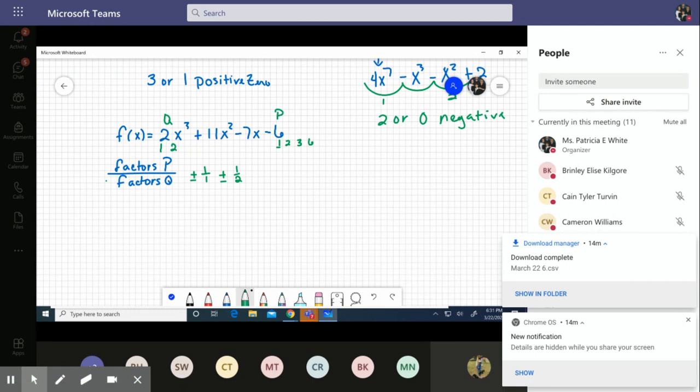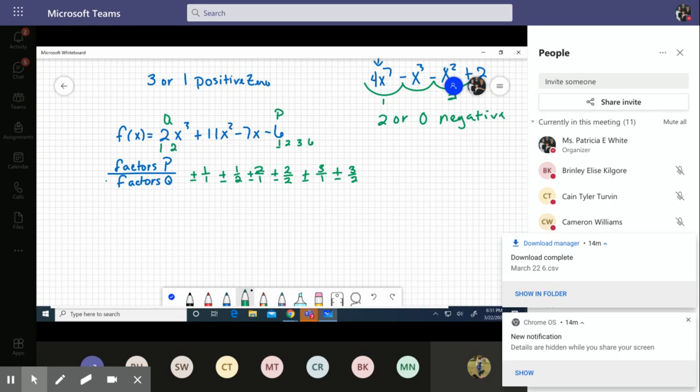I'm going to move over to 2. 2 over 1, all of these are positive or negative, and 2 over 2. Plus or minus 3 over 1. Plus or minus 3 over 2.